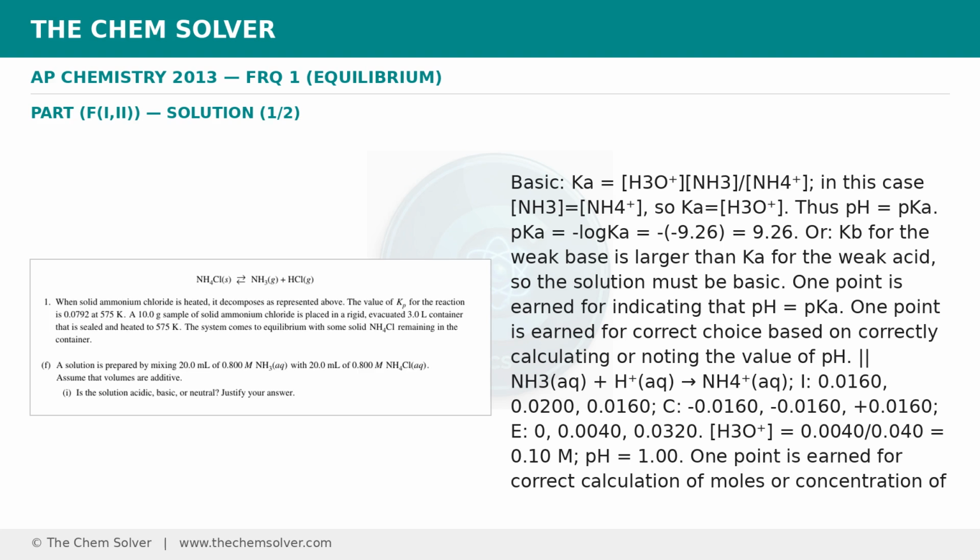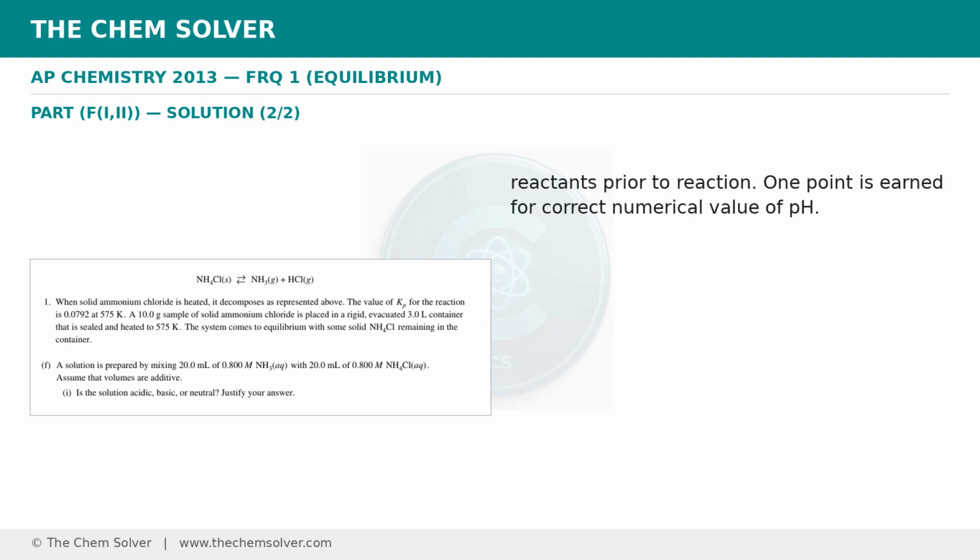H3O+ equals 0.0040 divided by 0.040 is equal to 0.10 molar. pH equals 1.00. 1 point is earned for correct calculation of moles or concentration of reactants prior to reaction. 1 point is earned for correct numerical value of pH.